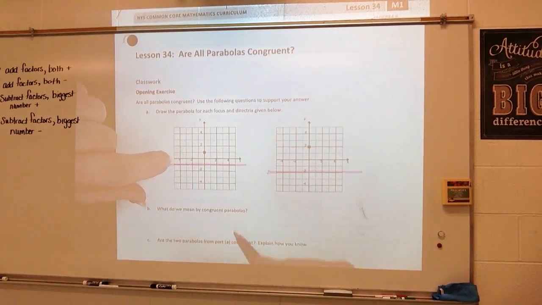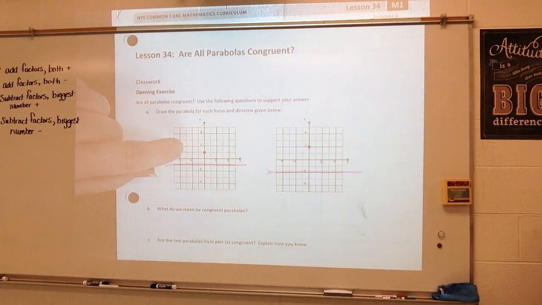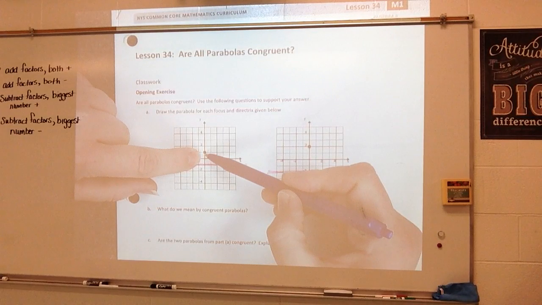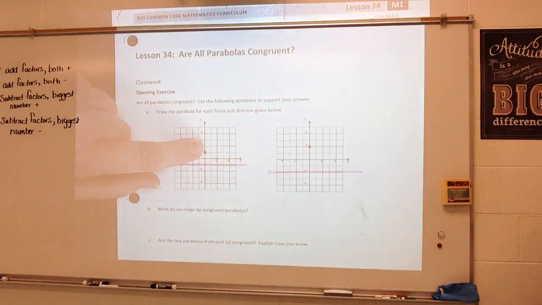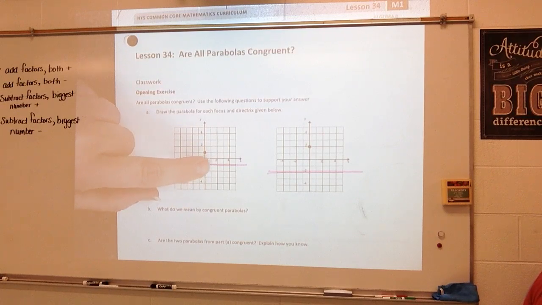So let's think about this. Where does my parabola have to sit? Well, let's go from the focus point to the directrix. The distance is 2, so I need to divide that in half.